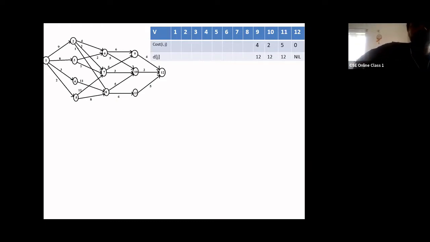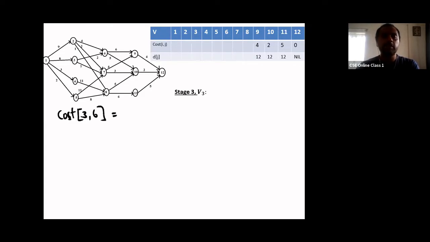Now, which is the leftover stage to be attempted? Stage 3. So we need to opt for stage 3. In this stage 3, how many vertices do we have? 3 vertices, that is 6, 7, and 8. So we'll take up the first vertex, vertex 6, so it is cost of 3, 6.